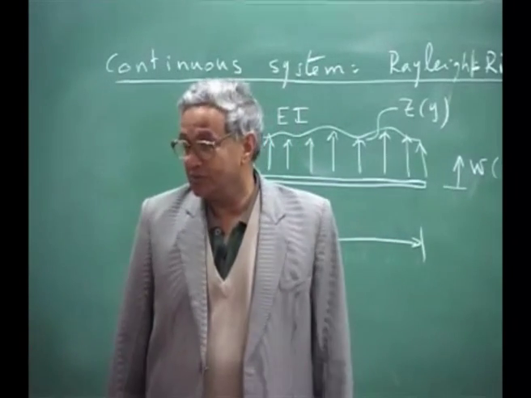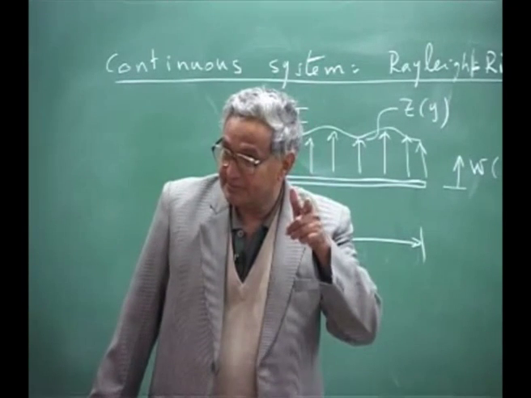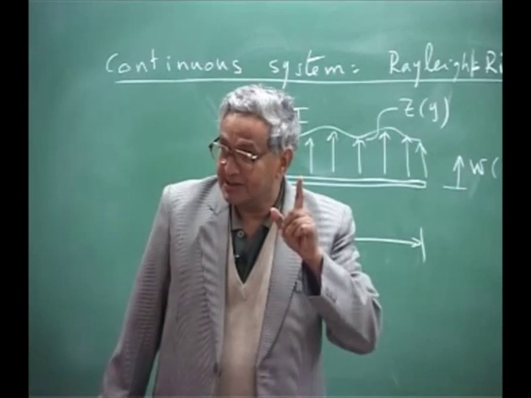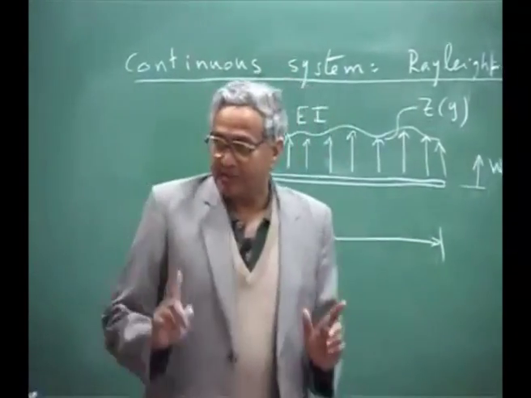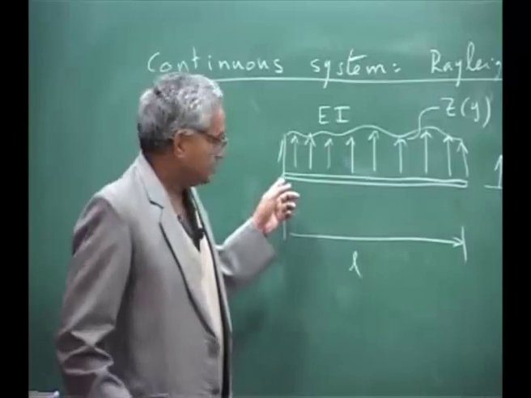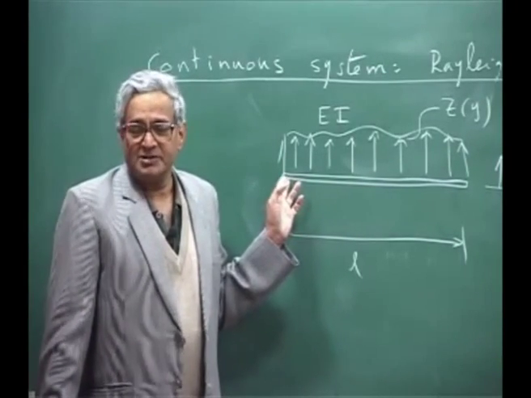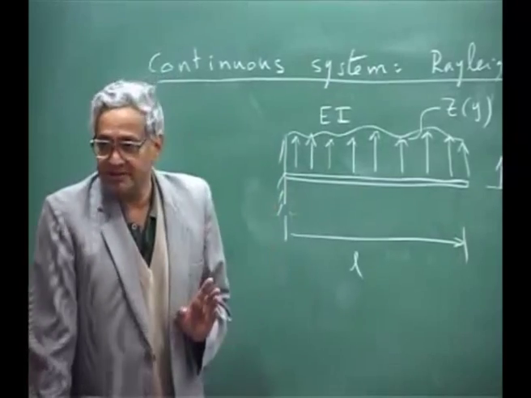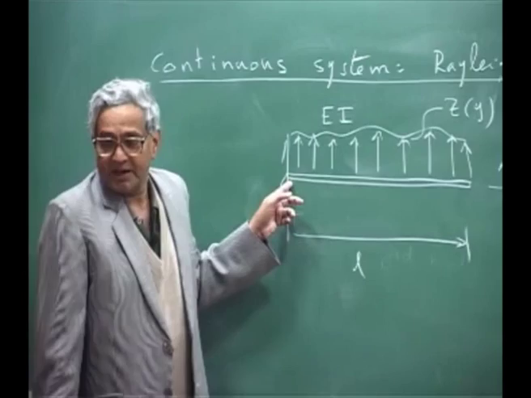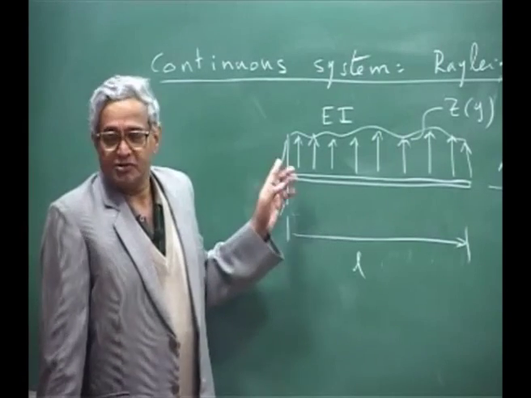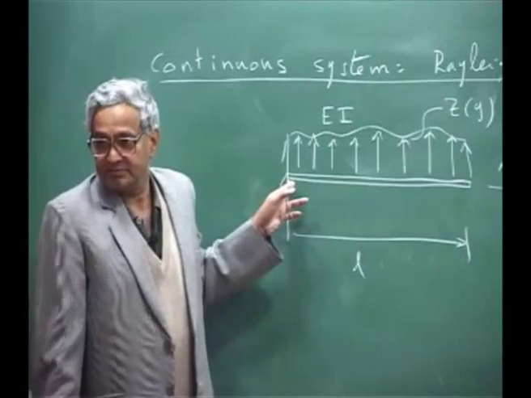Because you have to know that any virtual displacement you give must be consistent with the constraints. My constraint here is, it is fixed here. That means when I have a fixed boundary condition, I cannot allow displacement, so displacement is 0 and slope is 0.